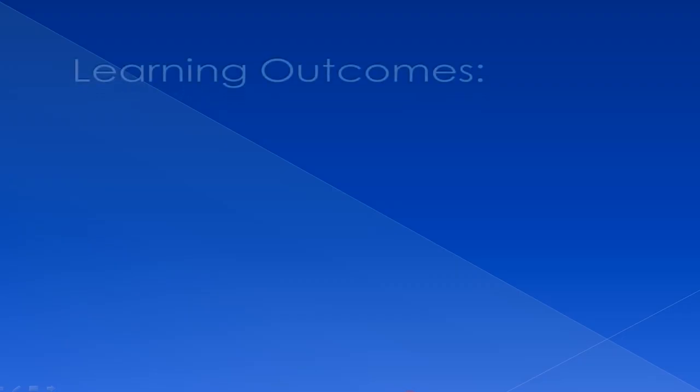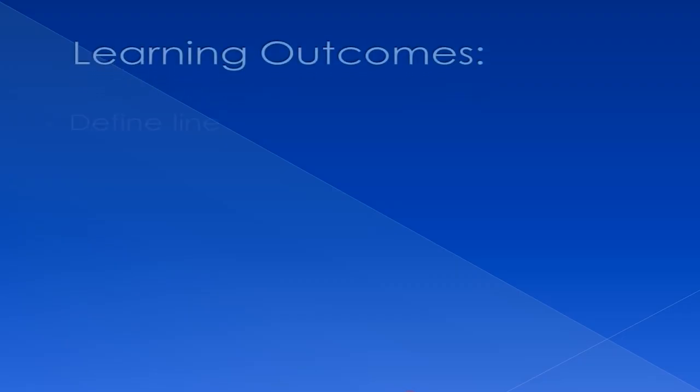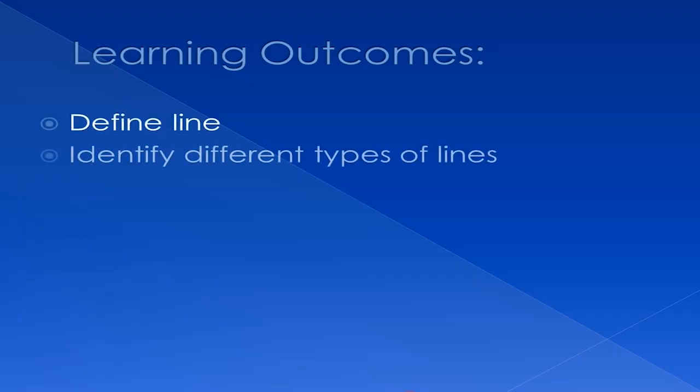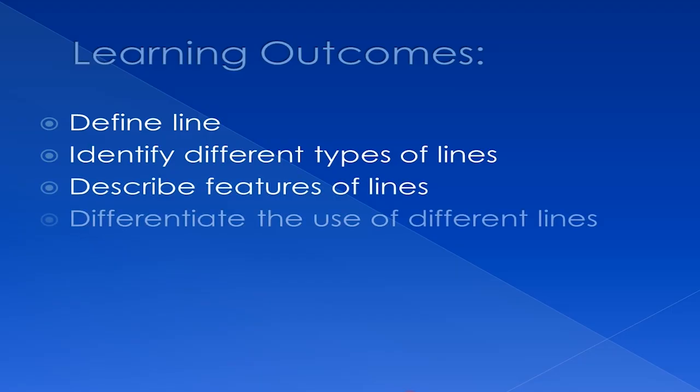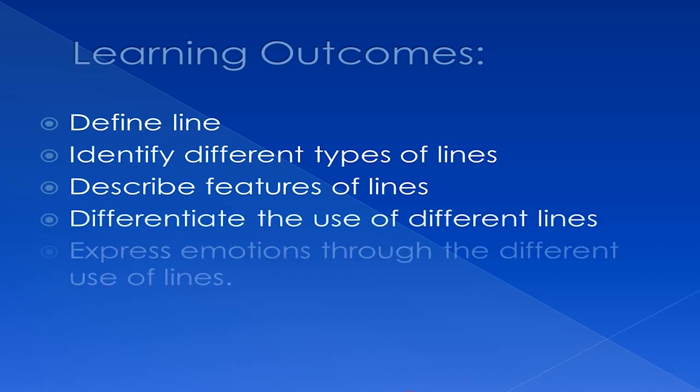Talofa boys and girls. Our learning outcome for this presentation: you should be able to define line, identify different types of lines, describe features of lines, differentiate the use of different lines, and express emotions through the different use of lines.